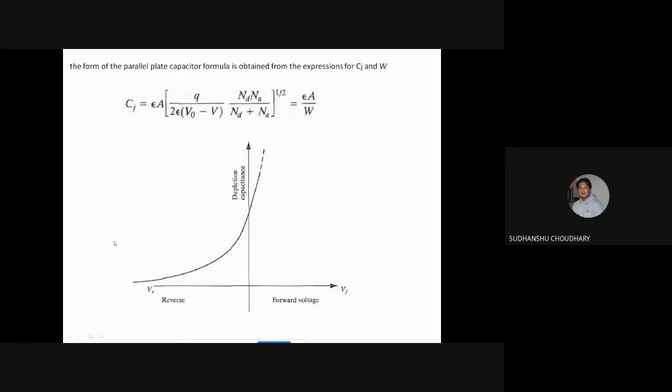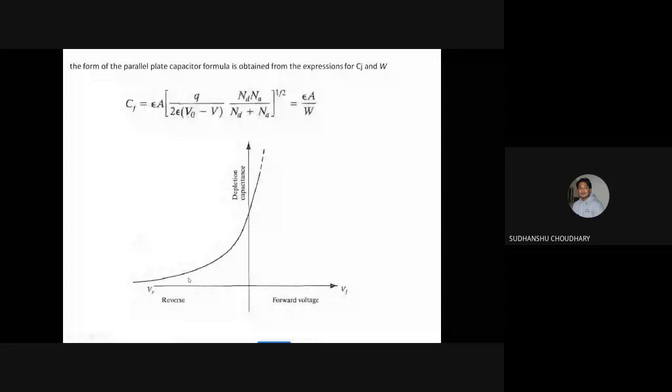Okay. So in the last lecture, we were discussing the junction capacitance or depletion capacitance, right? And we had commented that the depletion capacitance or the junction capacitance is dominant in the reverse bias mode, since in the reverse bias mode it can be controlled.